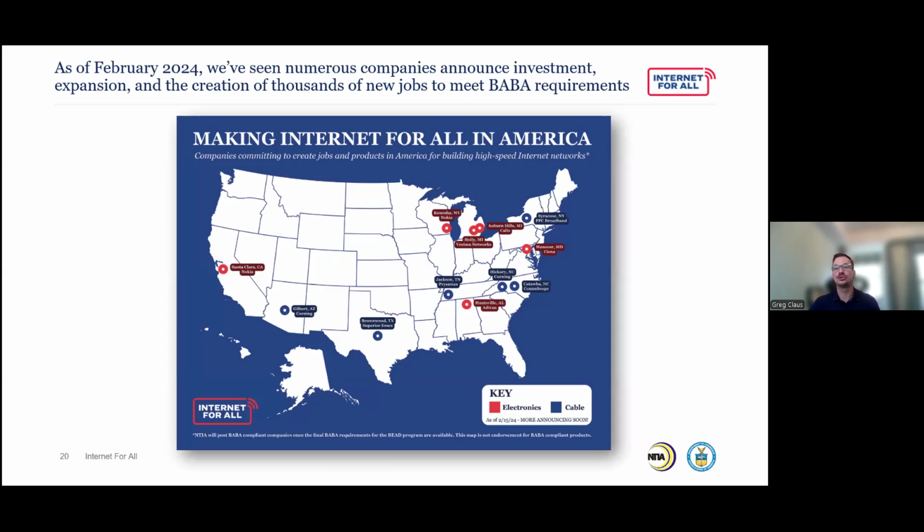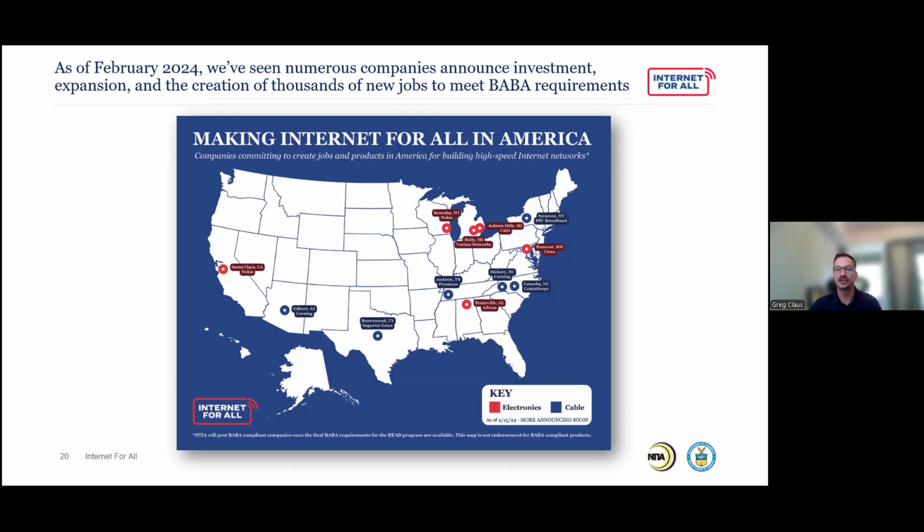When it comes to creating and protecting American jobs, NTIA took the strongest approach to build America by America. After careful review of typical network spend on fiber networks, we believe that close to 90% of BEAD funds spent on equipment will be spent on equipment that's manufactured in the United States.